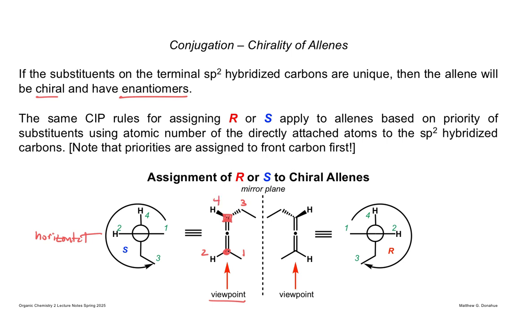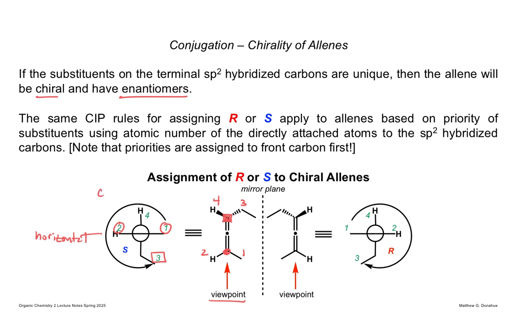And so when you're determining whether to go clockwise or counterclockwise, you're always staying on the front carbon atom. So we're going to go 1 to 2 and then to 3. And that's really all we're considering, the rotation of that steering wheel.